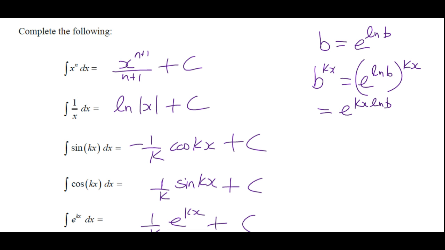So this and this are the same, which means that the integral of this is the integral of this, right? So let's do the integral of e to the kx ln b. Okay, so what is that?